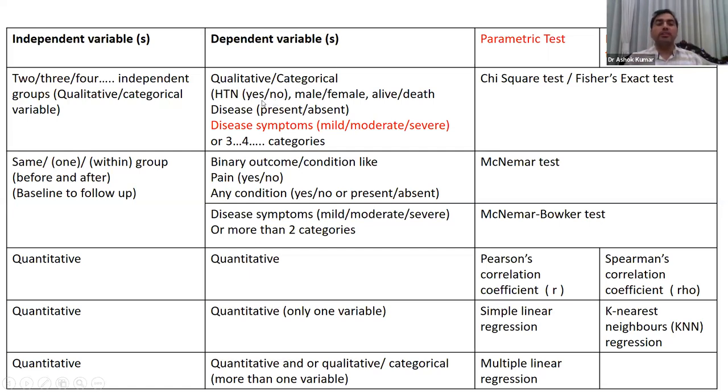For example, mortality yes, no. Hypertension yes, no. Male, female. Alive, death. Disease present, absent. Or disease symptoms mild, moderate, severe. Or these qualitative dependent variables may have more than 2 categories, like 3, 4 or 5 categories. So we have to use a chi-square test or Fisher exact test.